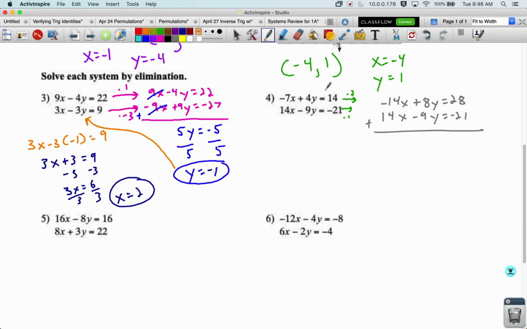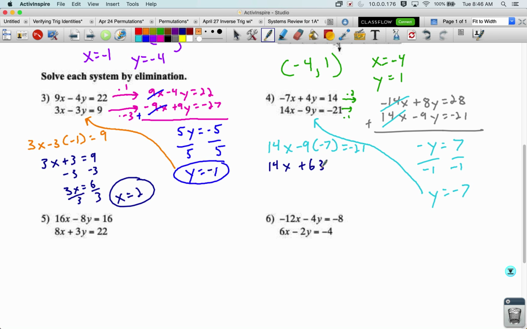Add them together. These cancel. These here become a negative y, and then this is a positive 7 divided by negative 1. Get y equals negative 7. Let's go plug that back in. Plug it right here. 14x minus 9 times negative 7 equals negative 21. 14x plus 63 equals negative 21.